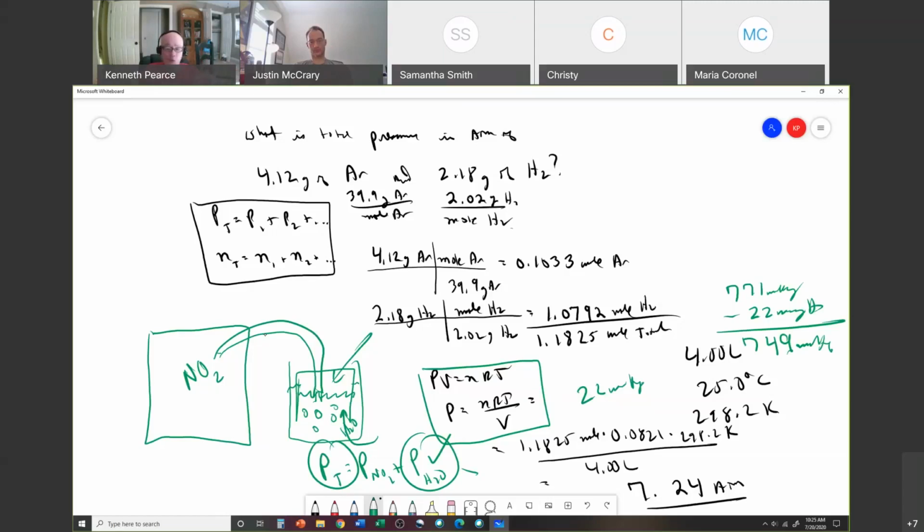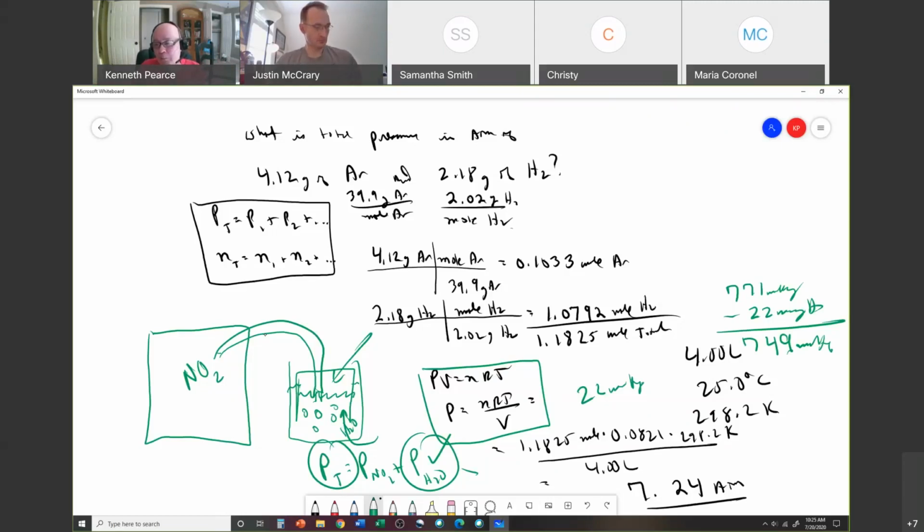Okay. Now, if you're working in a chemical factory, this makes a big difference. So this is why it's so important that you know this, so that when you go up in front of the boss and you say, "Well, I don't know what happened. We're off by a factor of 5%," and the boss looks at you and says, "You do realize you're collecting it over water, right?"